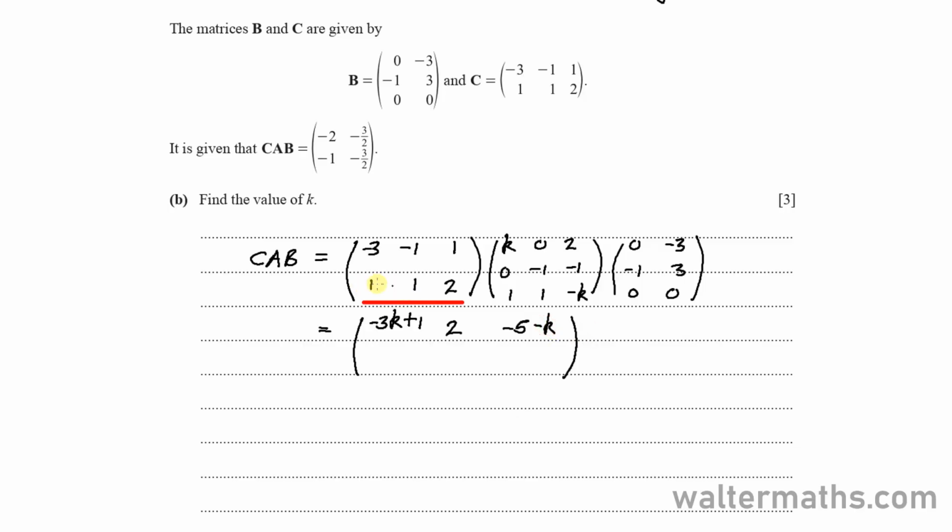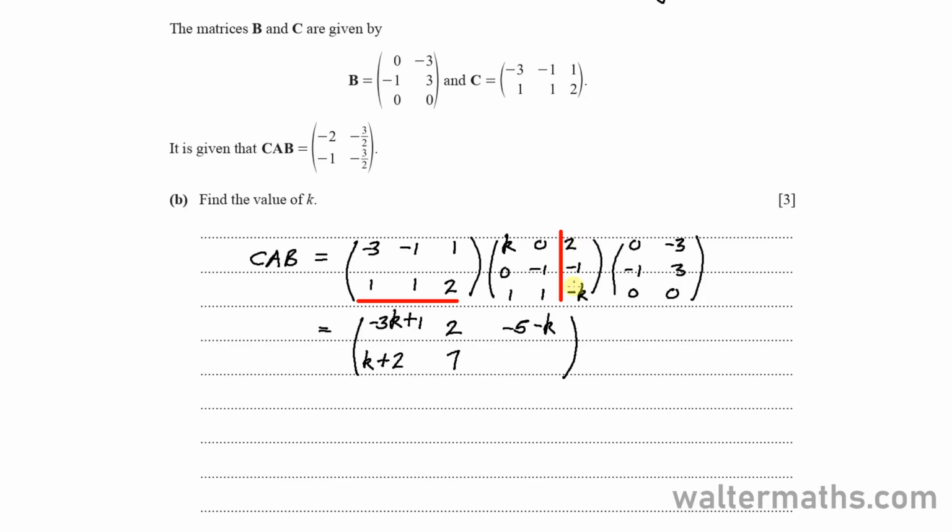Next we go on to this row and this column. So 1 times k is k. Then 1 times 0 is 0. And it's plus 2 times 1, which is 2. So we have k plus 2 here. Then this row times this column, that's 1 times 0, which is 0, plus 1 times minus 1, which is minus 1, and plus 2 times 1, which is 2. Now minus 1 plus 2 is 1, so we just have a 1 here.